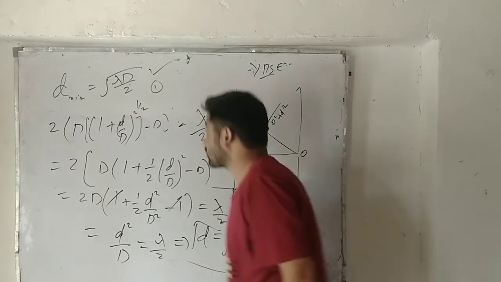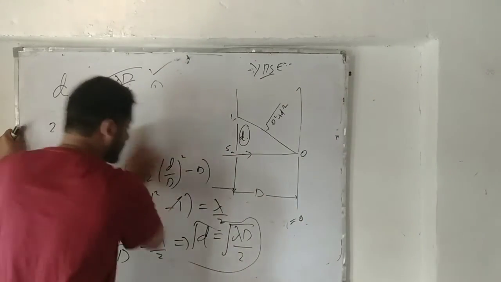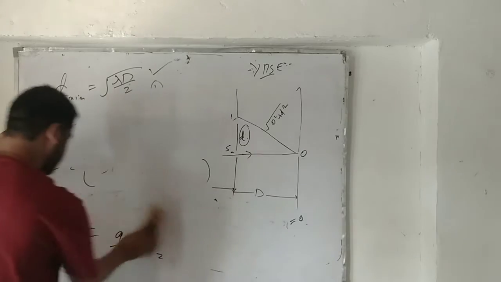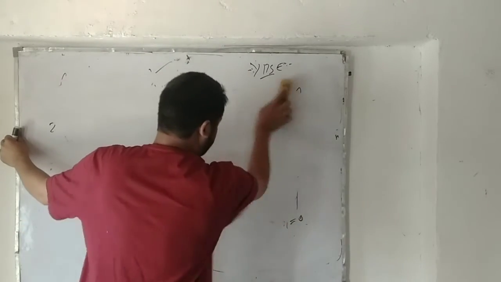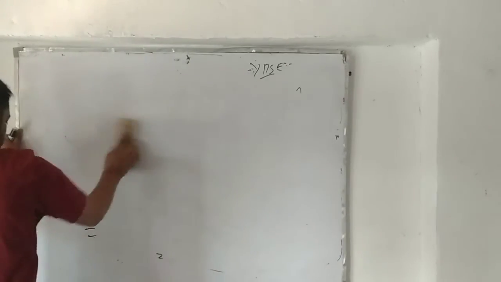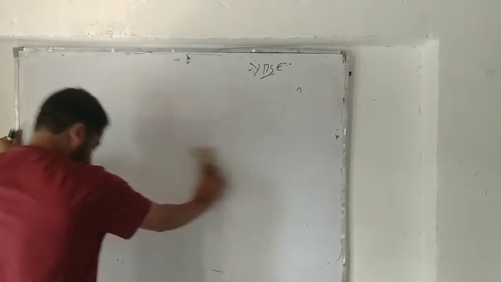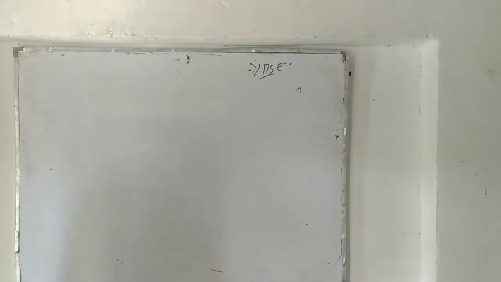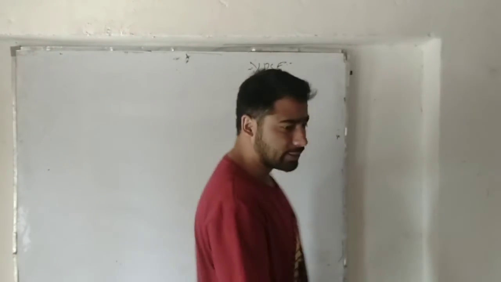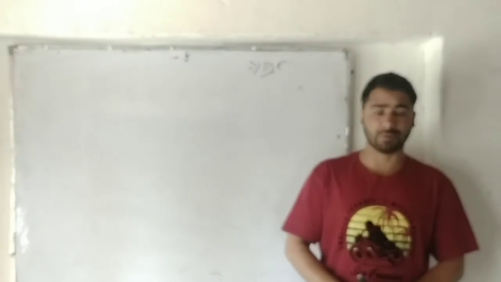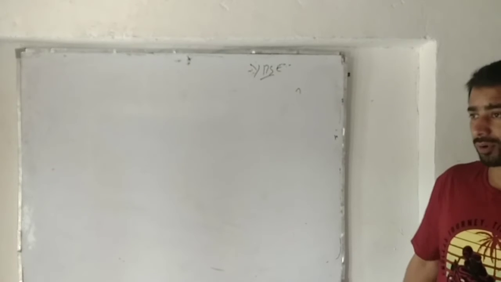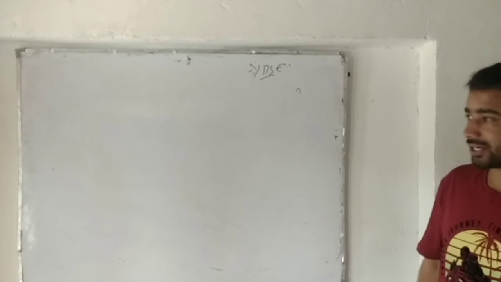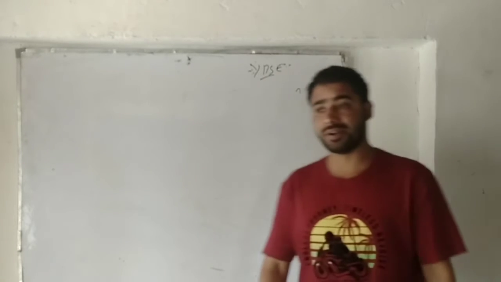So let me look at one more problem regarding the same experiment. If it is given in a question that we perform Young's double slit experiment, but we make use of two light sources, and the two light sources emit light rays of different wavelengths.